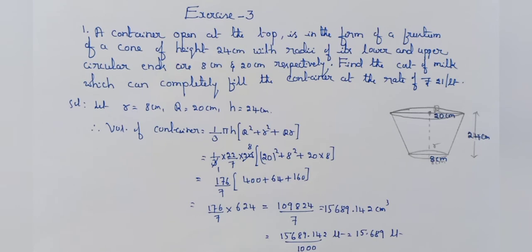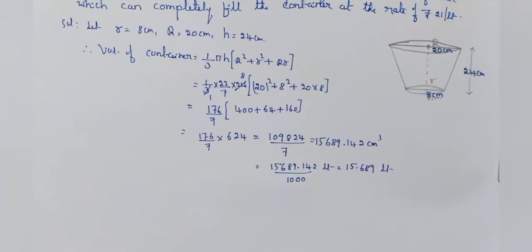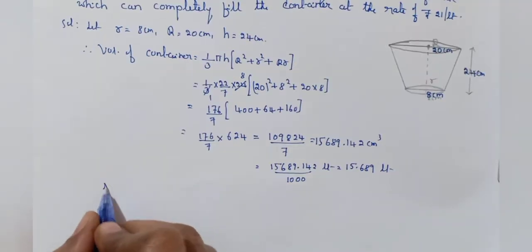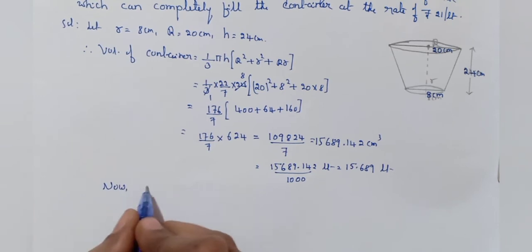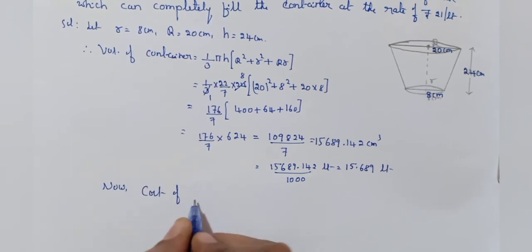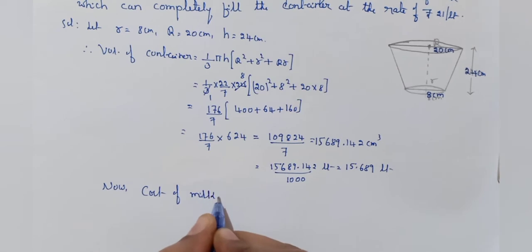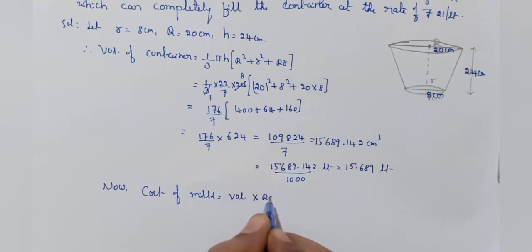Now find out the cost of the milk. Cost of milk is equal to volume into rate. Volume is 15.689 litre and the rate is 21 rupees per litre.